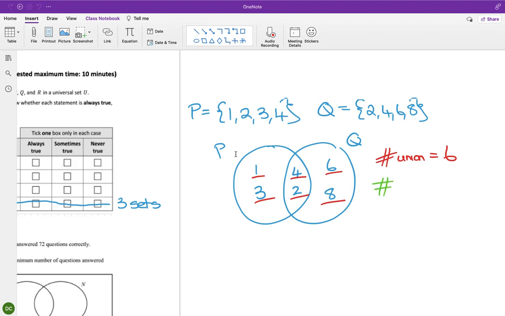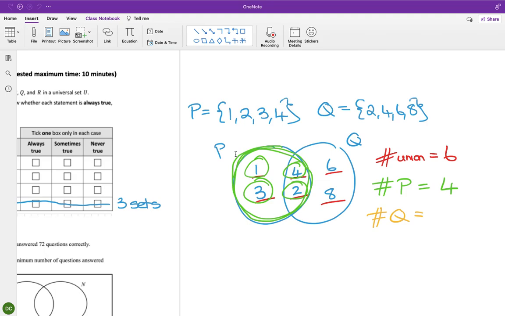The cardinal number of P then? It is 1, 2, 3, 4. So it's everything inside the circle P. So it's 4. What's the cardinal number of Q? 4.